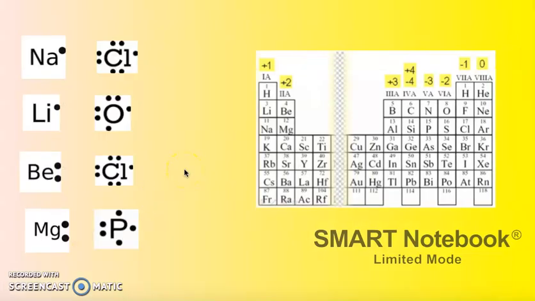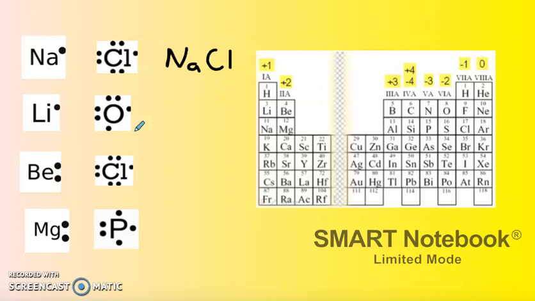Okay, so let's see what we have here. We have Na and Cl, which we said just a little while ago was 1 Na and 1 Cl. The reason it's 1 is because Na is +1 and Cl is -1, and you can see also one dot goes in this one space. This one, however, is not going to be that way. Lithium has one dot for two spaces.